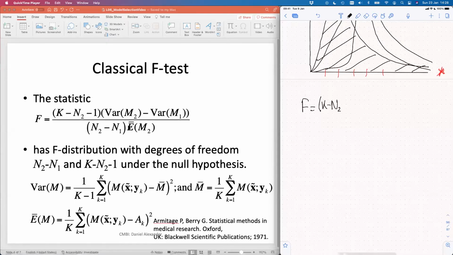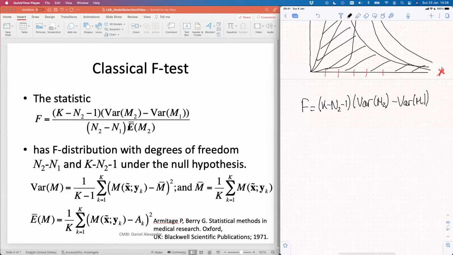The N's are the number of parameters, and 2 refers to the more complex model. So N2 is the number of parameters of the more complex model, minus 1. And then we've got this operator var of M2, the more complex model, minus var M1, the simpler model.